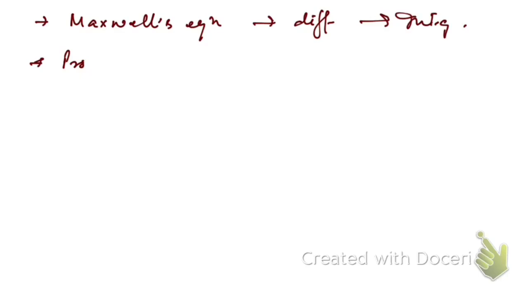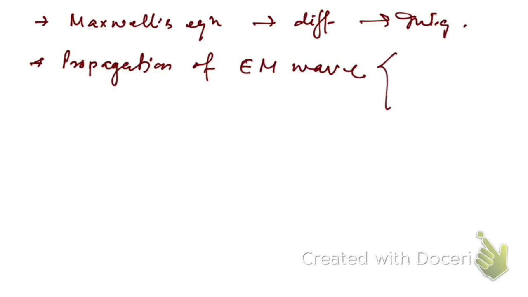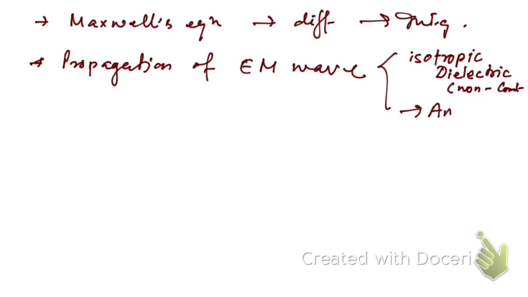Then propagation of electromagnetic waves through an isotropic dielectric medium, or non-conducting medium. Dielectric medium means non-conducting medium. Similarly, anisotropic dielectric medium. Then through ionized gas.